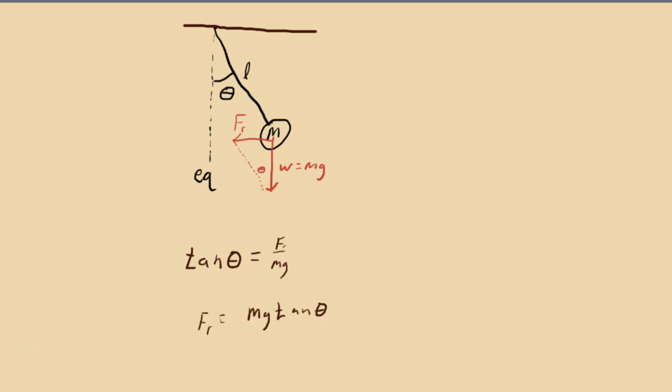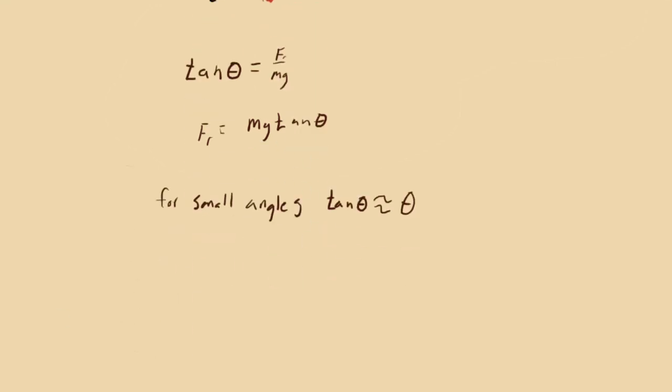Okay, so anyways, solving for our restoring force, because we were trying to get to some acceleration so we could compare that like we did last time with our kinematics equations. Solving for our restoring force is just mg tan of theta. And a trick that physicists like to use a lot to get rid of angular dependency in a situation is small angle approximations. So for small angles, the tangent of theta is equal to theta itself.